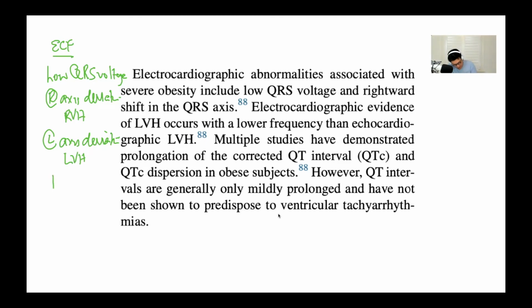And then after that, you can have an increase in your QT interval or QT corrected interval. And those would be the four things that I would add as the ECG changes.